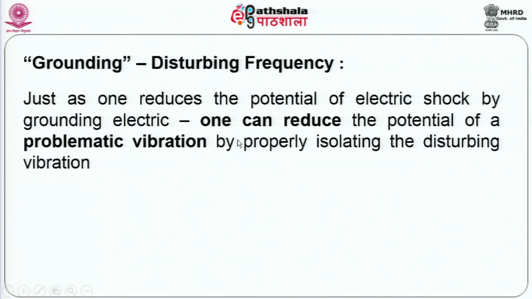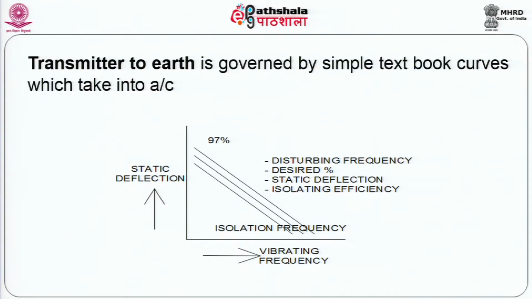So, having developed these two topics, natural frequency and disturbing frequency, one plays around with a little bit of calculation, again with the help of a very simple curve. These are curves which are available in any textbook, any simple book, any simple standards book, which shows you how to transmit vibration to a structure without actually vibrating the structure.